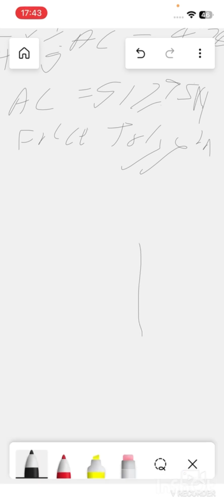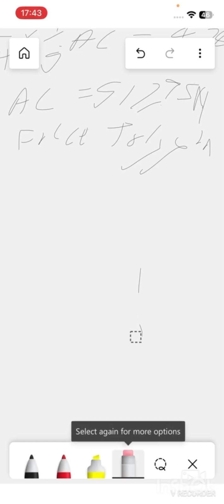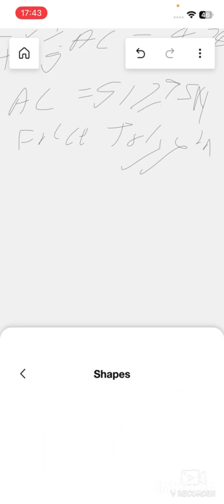It must have this force. No, let me use those shapes. I think using the shapes really helps a lot.